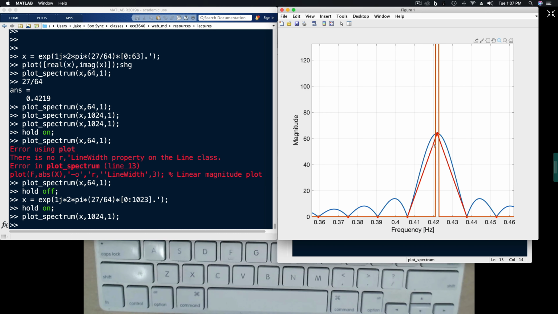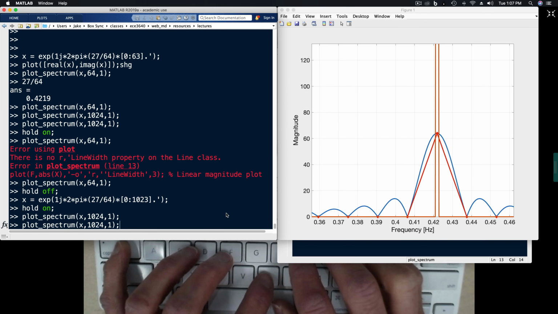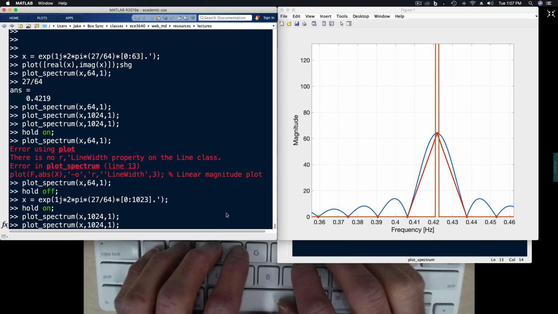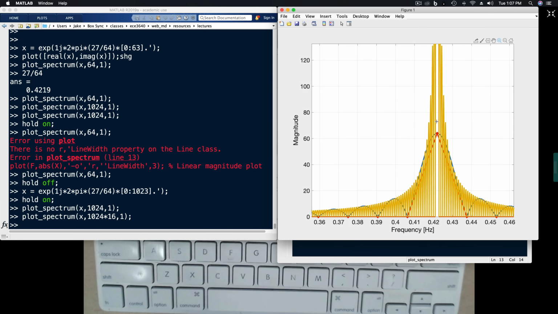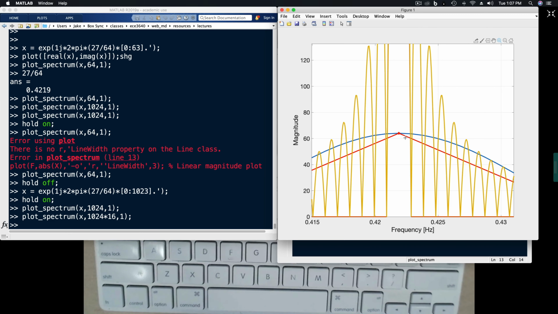But what's happened now is that we've actually changed the shape of the function. To see this, let's do a 16K transform. And now you can see that the shape of the function has actually changed, and we're sampling a different function.